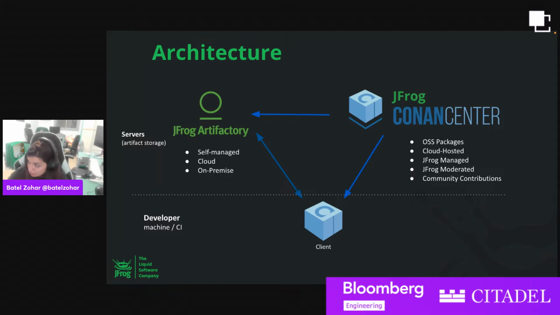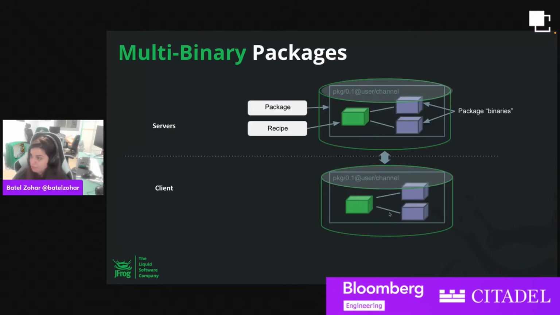So it's right here, as you can see, with OSS packages and so on. And Artifactory is a server application provided by JFrog, which can host such remote Conan repositories that we'll be using for all our exercises. So again, whenever you are trying it, you can easily get Artifactory to see how we can manage everything in one place. The hosting and moderating service for Conan Center are both provided by JFrog.